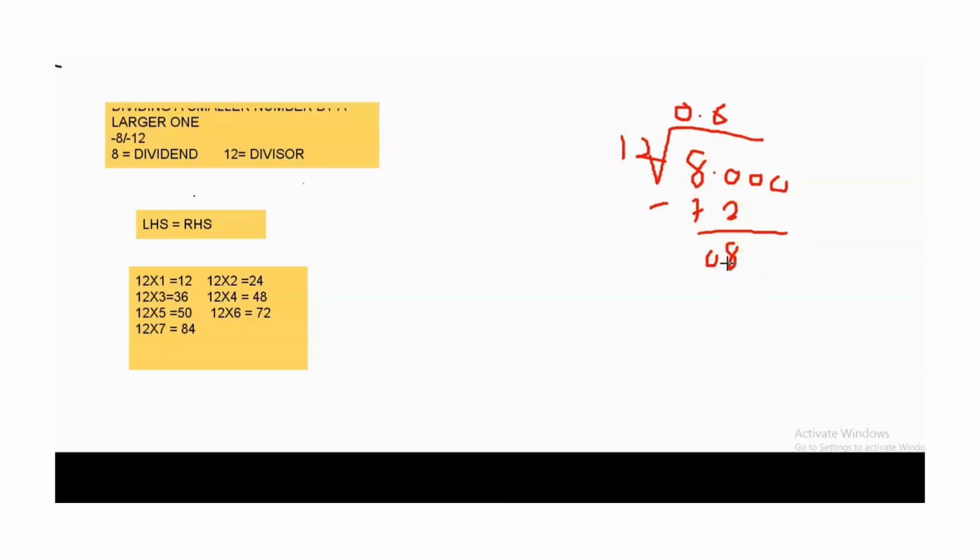Gives 8. 12 into 8 cannot, so we will bring down this 0, making 80. 12 into 80, once again, is still 6. 6 multiplied by 12, 72. Again, we have 8.